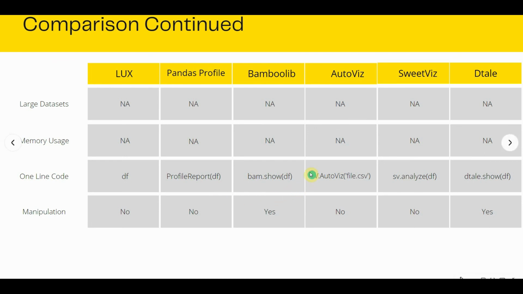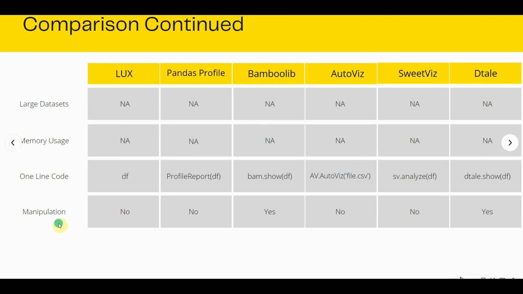In all these visualization tools, you are creating an object and passing the data frames. The only thing different in AutoViz is you don't have to create the data frames, and you don't have to upload it. You can simply give the file name or file path, and you can get a visualization out of it.